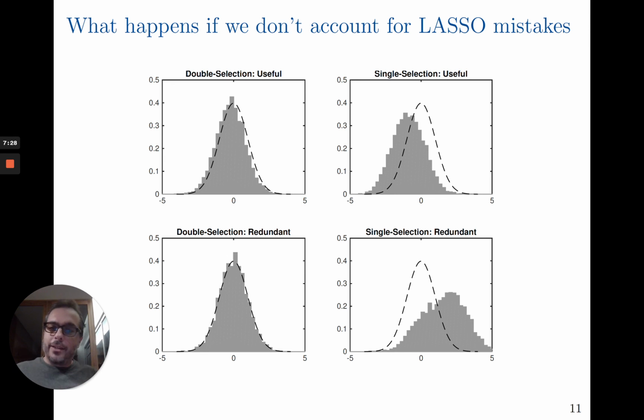The dashed lines are the true distributions and the gray histograms are the empirical ones, so you see that we are right on top. When we use just single selection, the two distributions are not exactly centered, which means that Lasso is making mistakes.